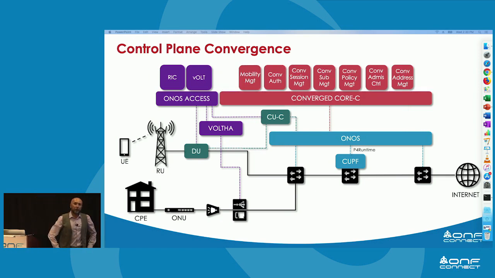Then we'd start talking about converged control plane. So with all of the control plane functionalities, clearly mobility management is distinct to one access technology, so we're not talking about convergence there. But all of the rest are open questions for convergence. So can I do a converged authentication?